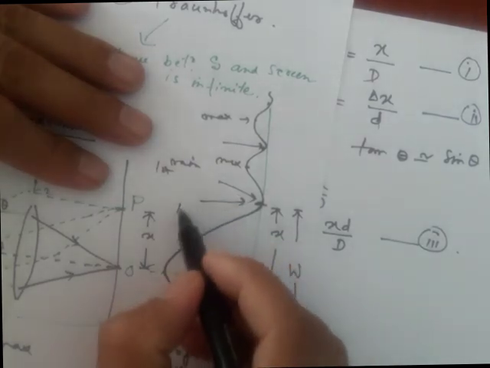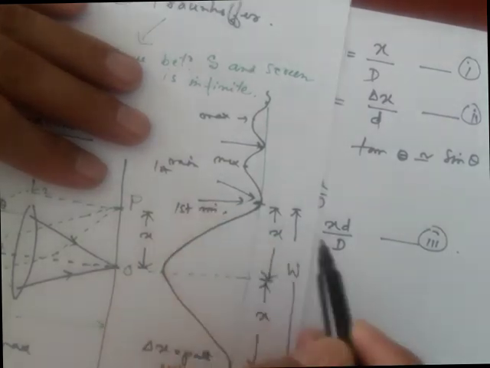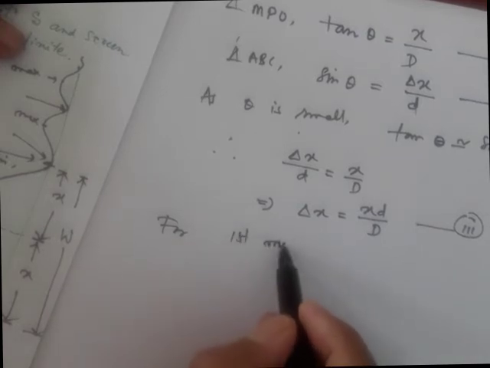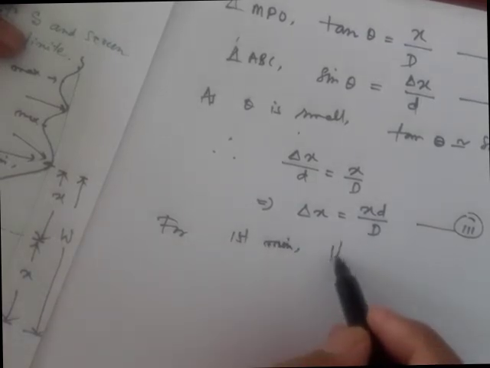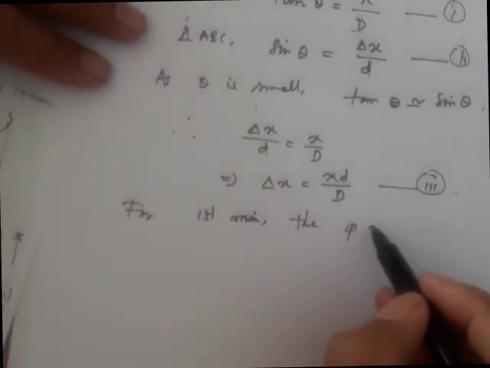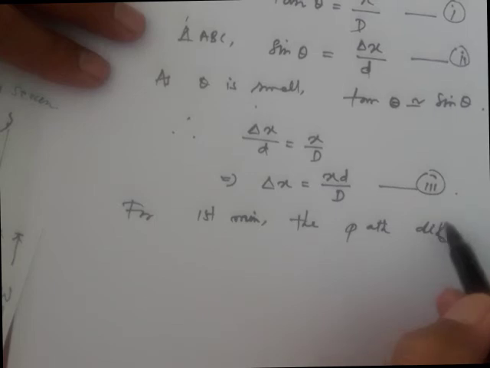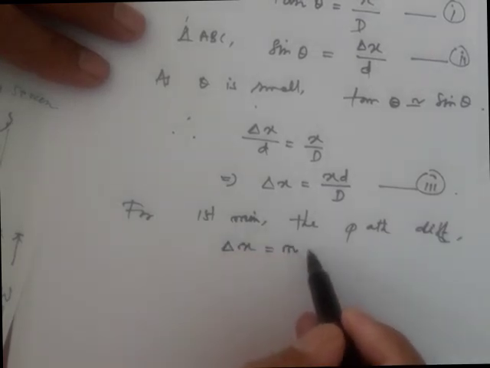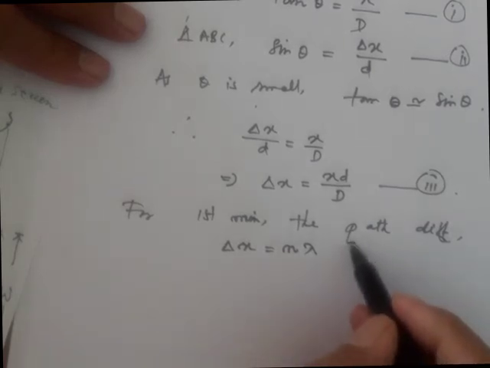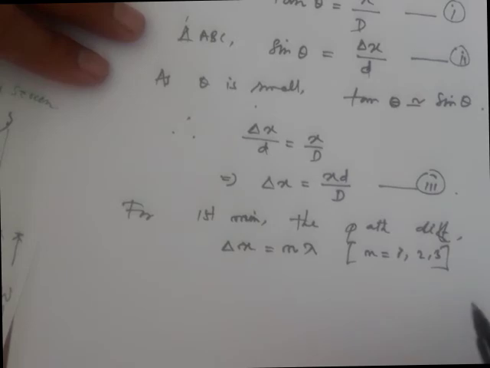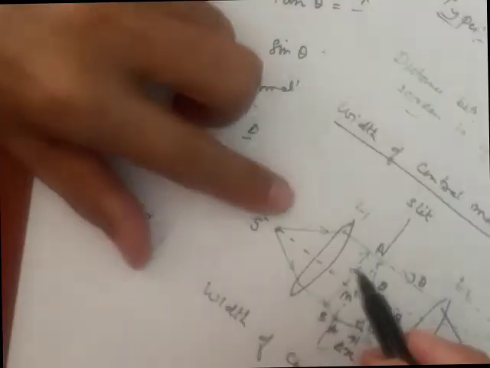For the first minima, the path difference, delta, must be equal to an integral multiple of wavelength, n lambda, where n is an integer like 1, 2, 3. Lambda is the wavelength of the light source.